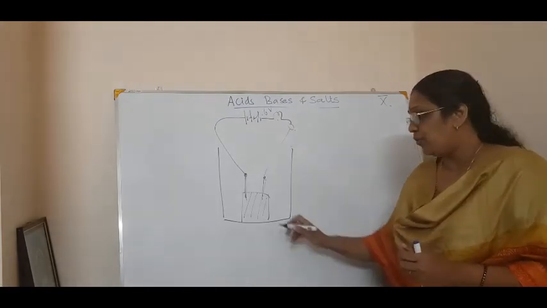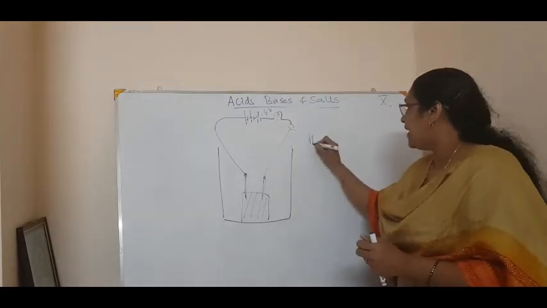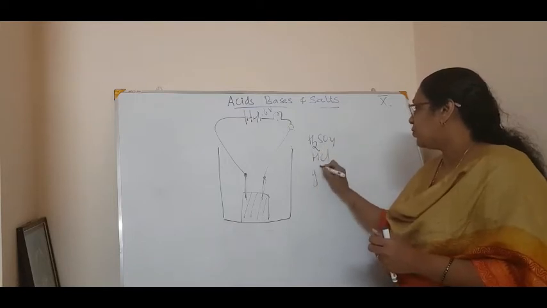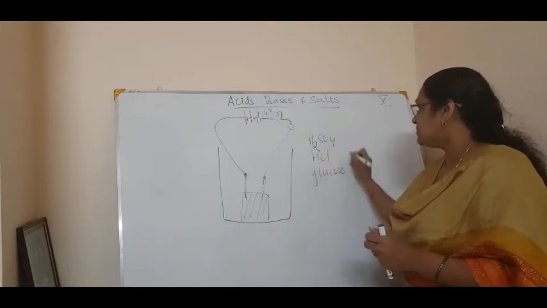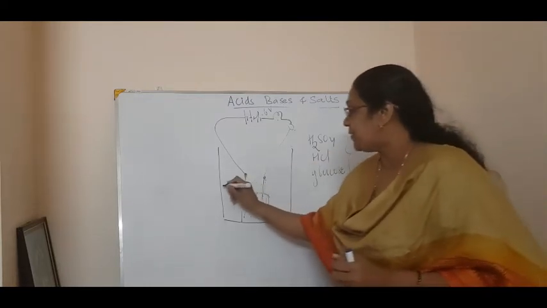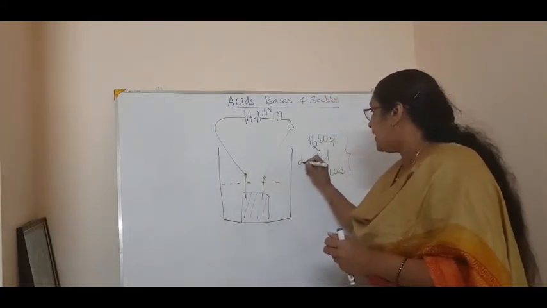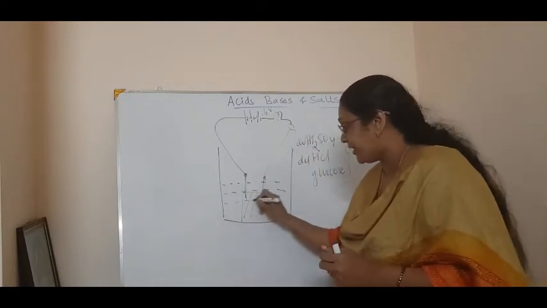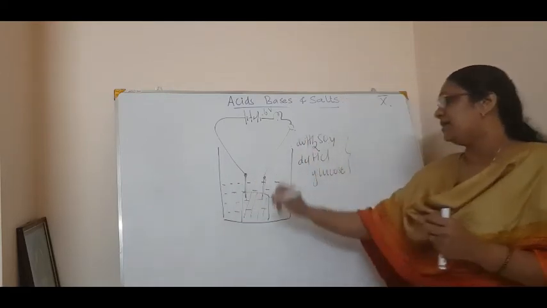Now what you have to do? You have acids: H2SO4, HCl, glucose. Some substances we will see one by one. First you add some HCl, and I take dilute HCl. Dilute is very important. Dilute HCl into this beaker.